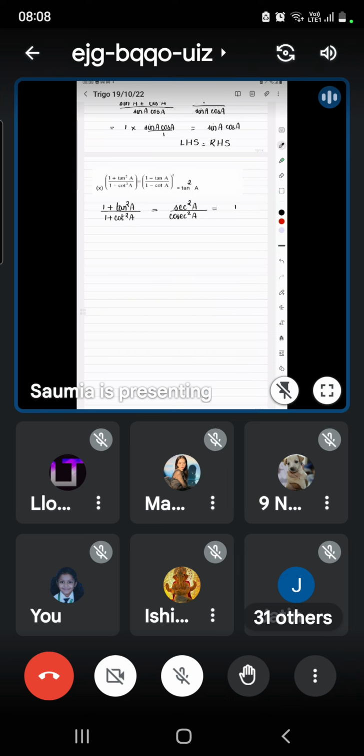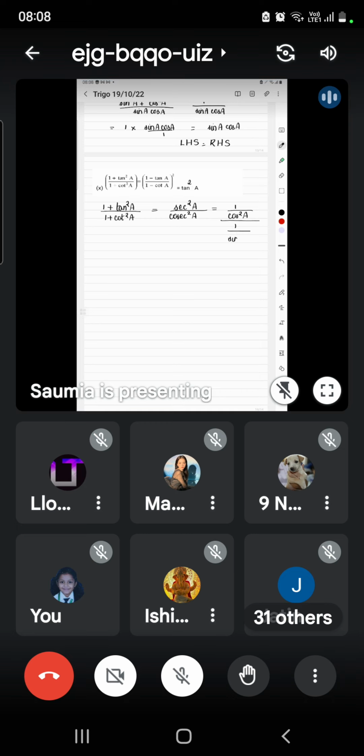So can I write the numerator as 1 by cos square A and the denominator as 1 by sine square A? Because cosec is the reciprocal of sine and cos is the reciprocal of sec. So I substituted them by the reciprocal.